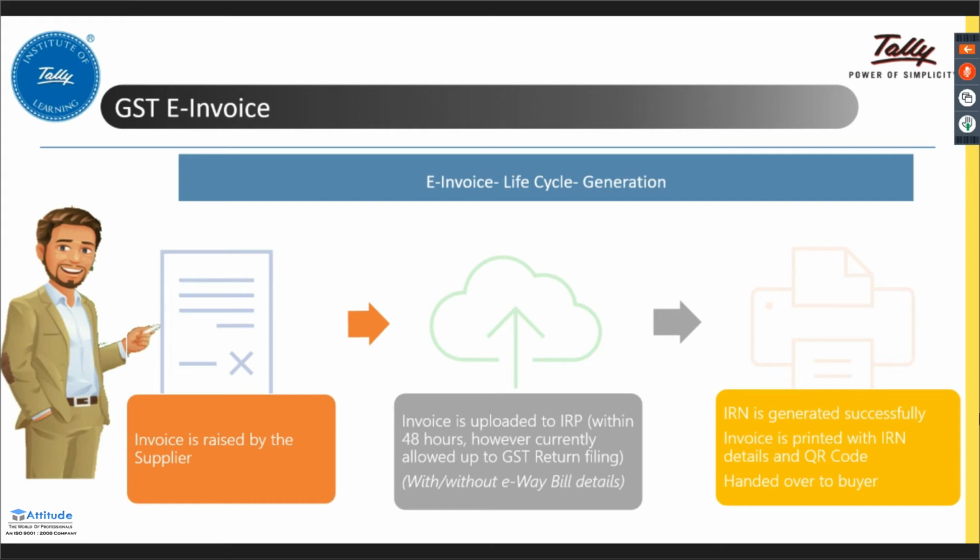However, currently the system is allowing us to upload up to the GST return filing, and this condition also may get changed. Then the IRN is generated successfully. The invoice is printed with IRN and QR code, and it is handed over to the buyer.